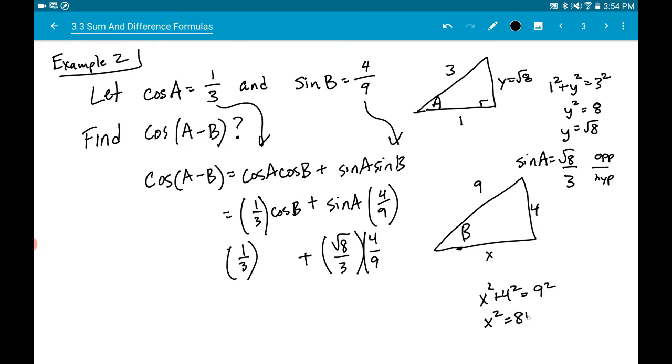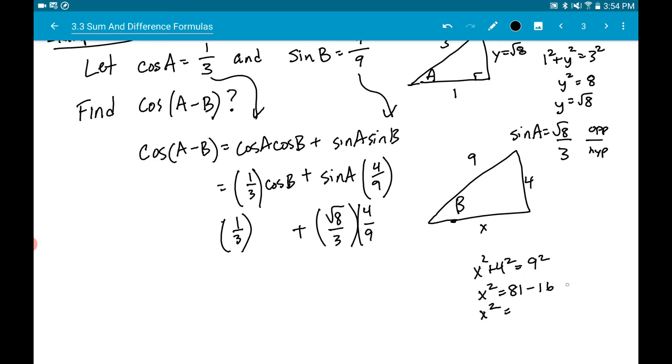We've got 81 minus 16, which is 65. So x equals the square root of 65. So cosine of that angle is going to be square root of 65 over 9.